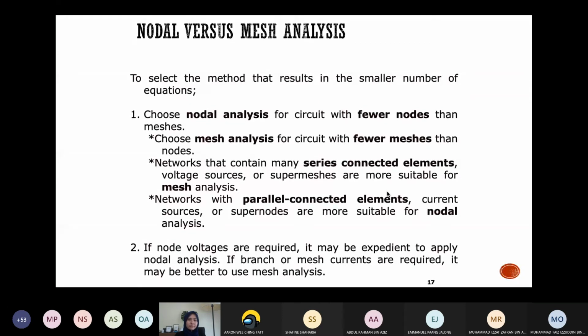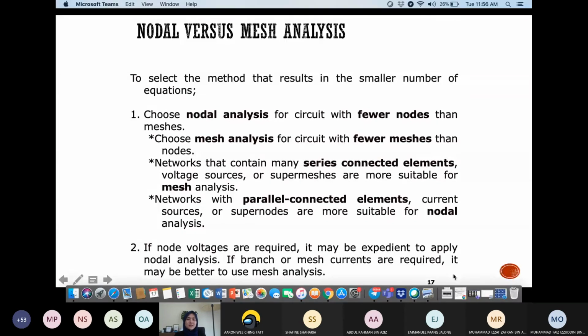But in your test, it is stated which method to use. Even though maybe you like mesh analysis, if the question asks you to do nodal, then you need to do nodal analysis. If node voltages are required, it may be expedient to apply nodal analysis. If branch or mesh currents are required, it may be better to use mesh analysis. This one I already explained to you before.